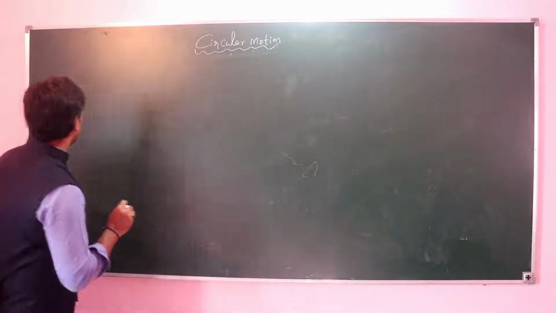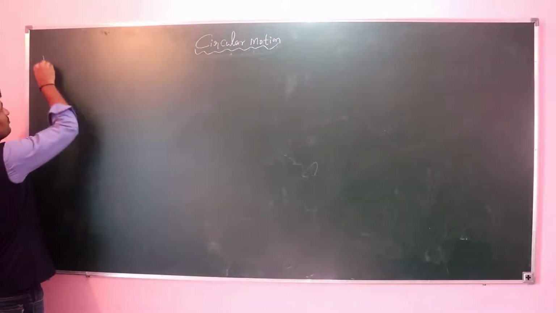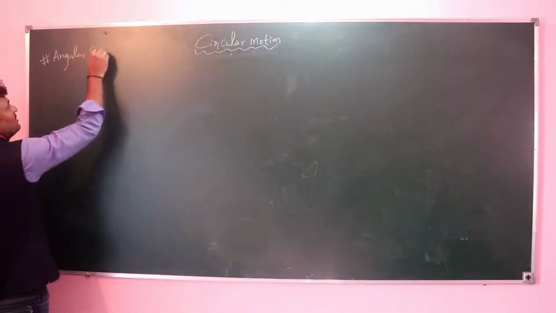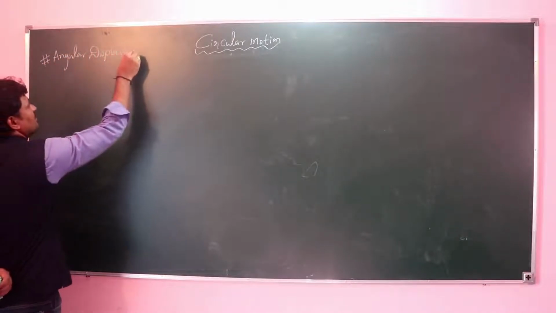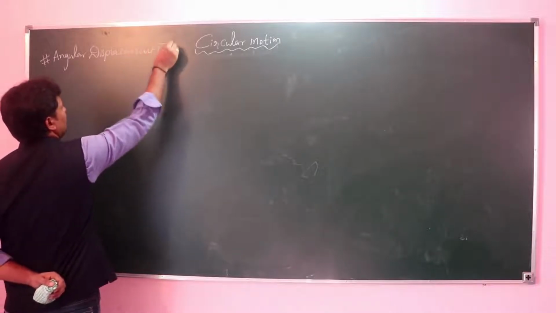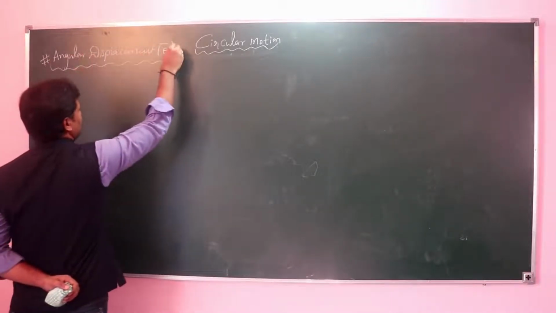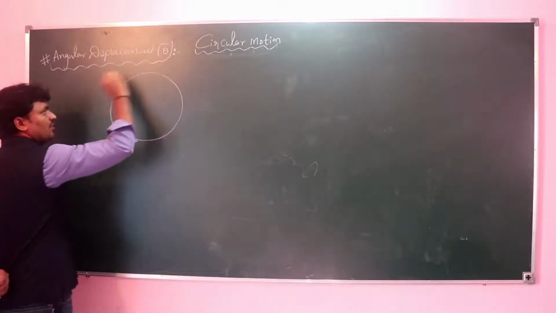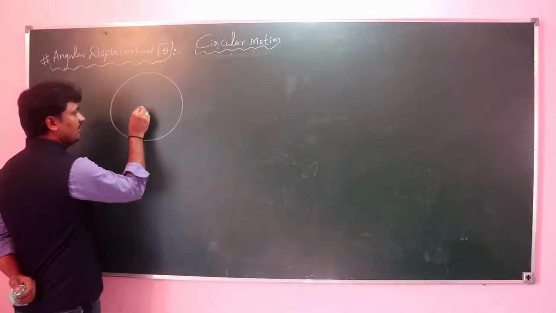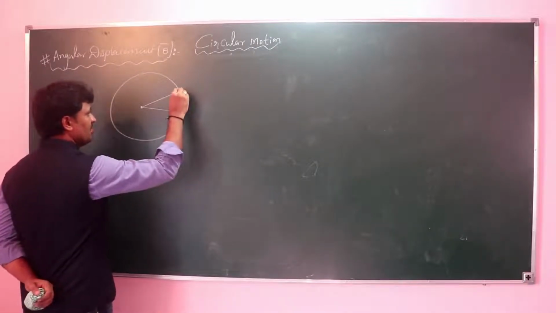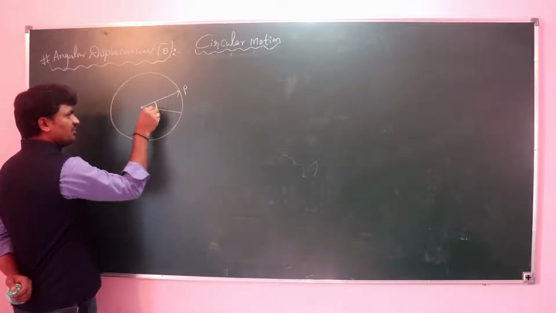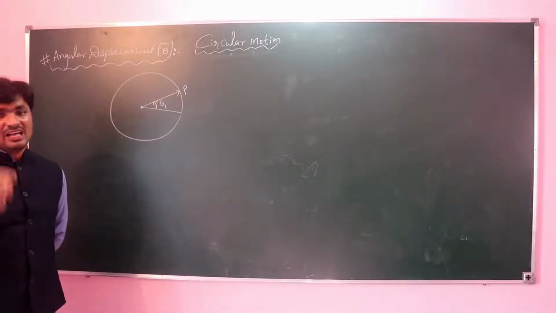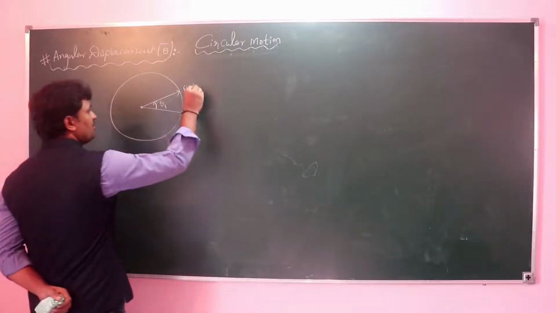In circular motion, first we are going to discuss angular displacement, which we take as theta. What is angular displacement? For example, I am considering a particle which makes some angle with the x-axis. The particle P initially makes an angle theta 1, which is called angular position, at t equal to 0.